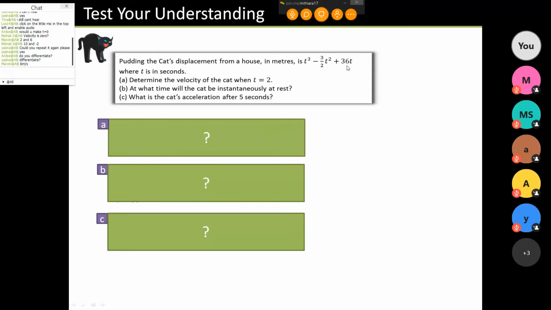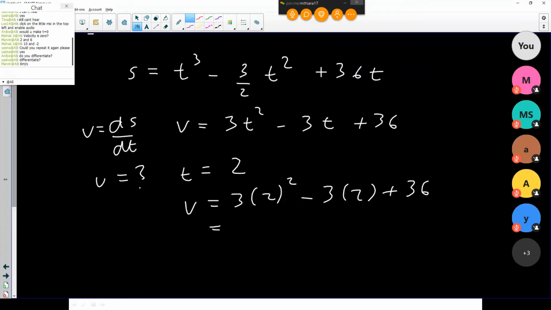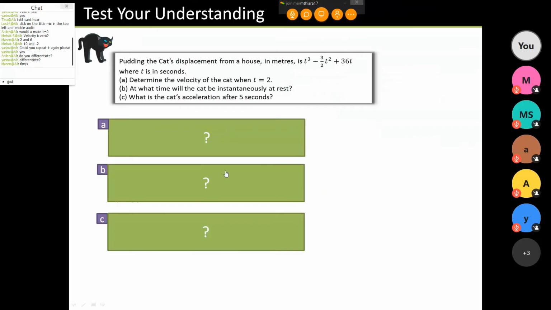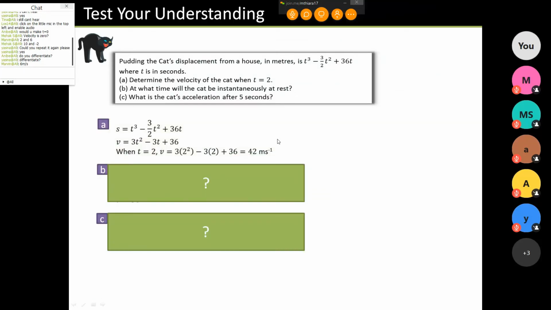Plus 36t, when I differentiate that, yeah, I'm going to get this. So here 2 squared is 4 times 3 is 12. 12 minus 6 plus 36. So here I get 6 plus 36 is 42 meters per second. Marvin, he says 6. Let's see. Yeah, it should be 42 meters per second.